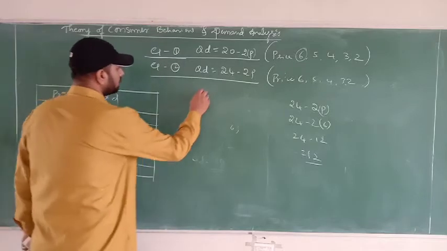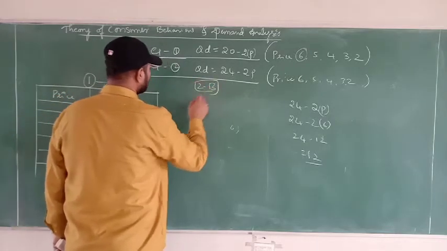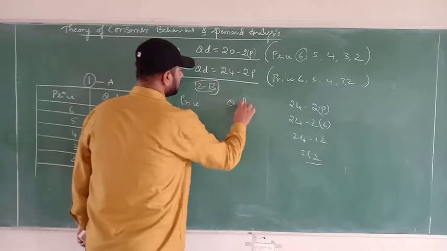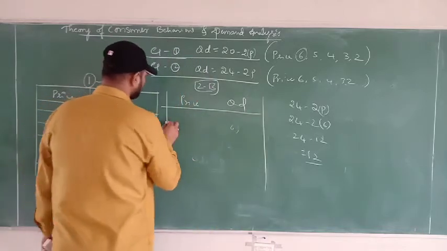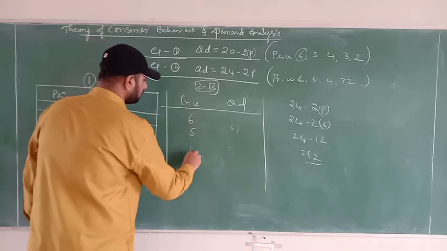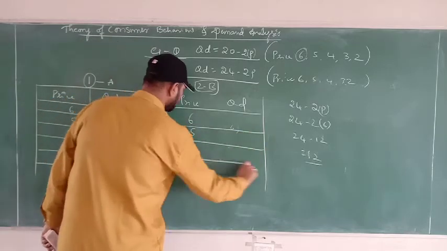Let's go with consumer B, our second consumer. Let's take price, then quantity demanded. What if the price decreases from rupees 6, 5, 4, 3, 2, then what will be the picture in case of quantity demanded?